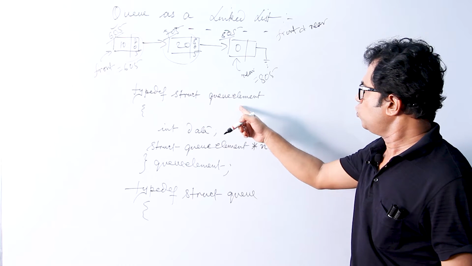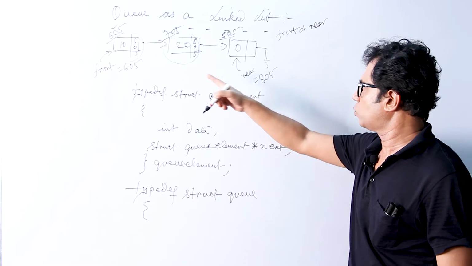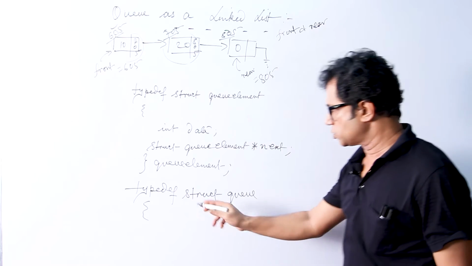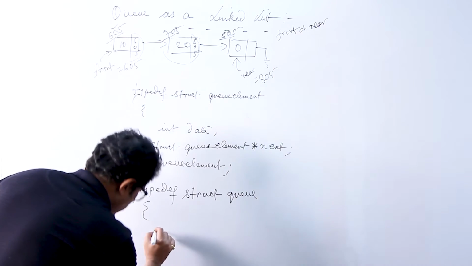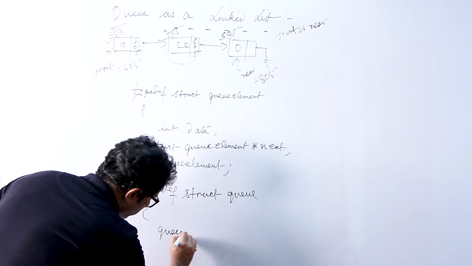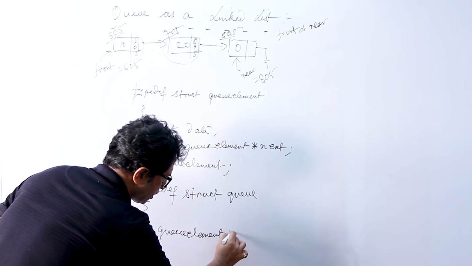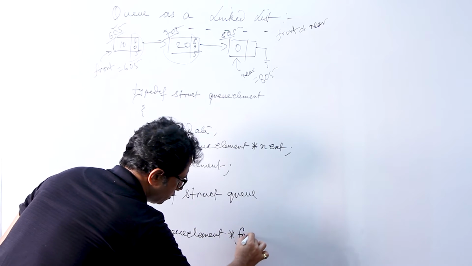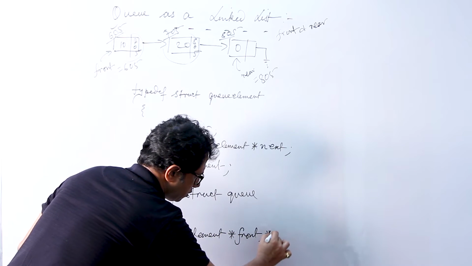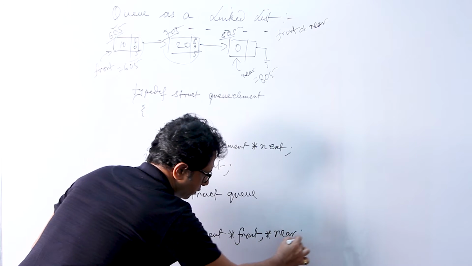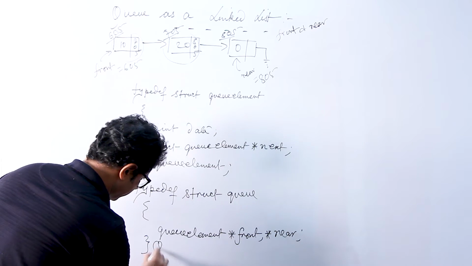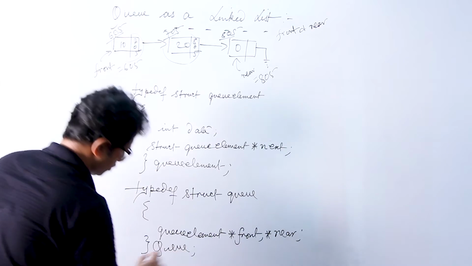So there will be two pointers to Q element, one is front and one is rear. So let's write that: Q element star front, star rear, and write it as Q.